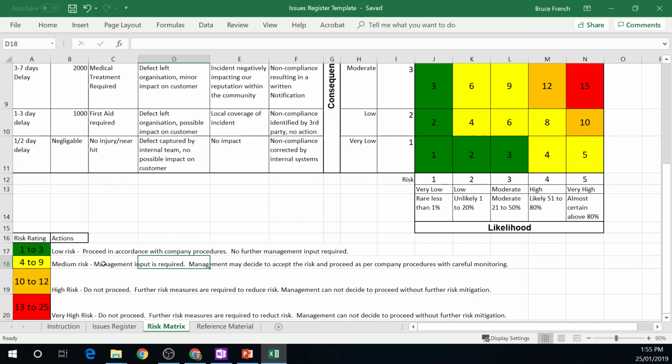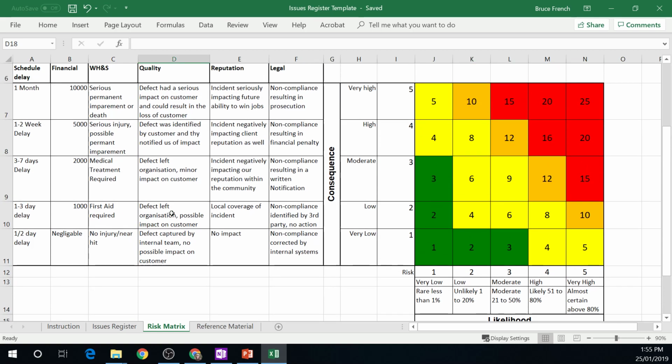So the policy may state that activities cannot proceed if they have that medium level of risk, in which case it would be necessary to go back and apply further mitigation measures, or abatement measures, or management measures, whatever you want to call them, to that incident or issue, and then come back and bring that rating back into the green zone so that you can go ahead and proceed in accordance with the company procedures.